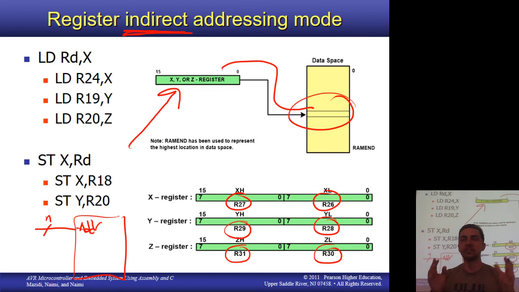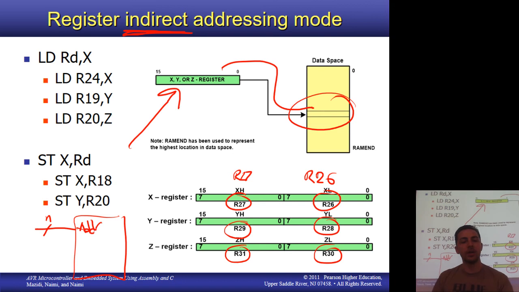Well, this memory has 16 address lines, so we need 16 bits to address into it. So we take R27 and R26, stick them together, and call that the X register. We take 29 and 28, we call that the Y register. And we take 30 and 31, we call that the Z register.